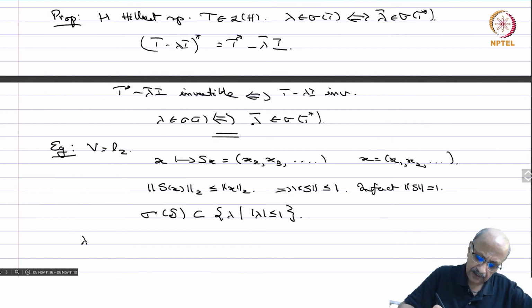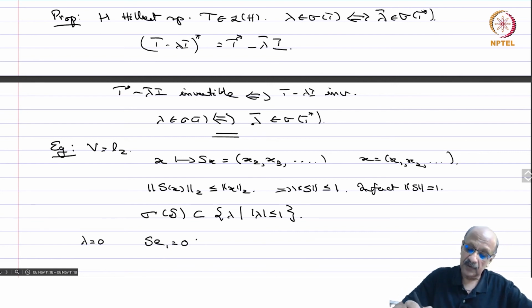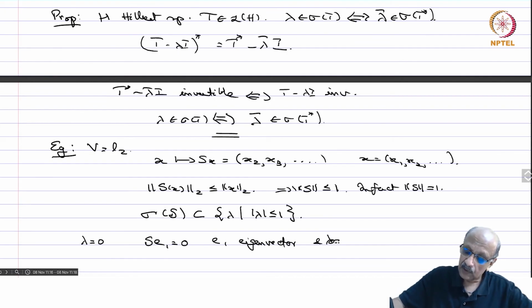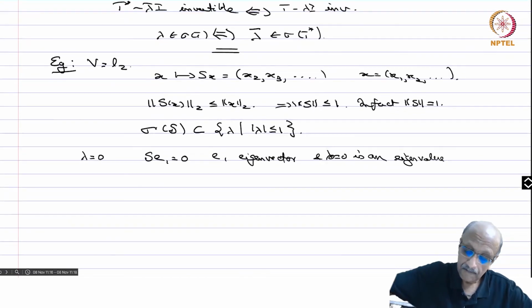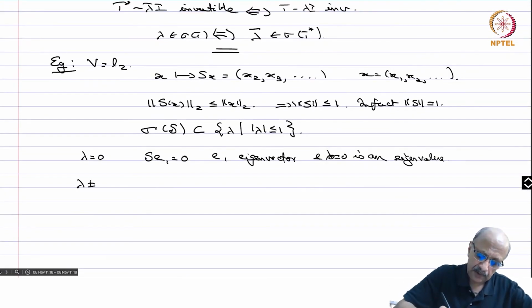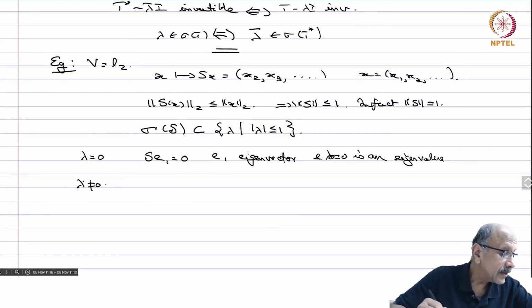Now you take lambda equal to 0, then S of e1 is 0, because you start with e1 and then you get 0. So e1 is an eigenvector and lambda equal to 0 is an eigenvalue. Now let lambda not be equal to 0 and then you consider Sx, if possible.